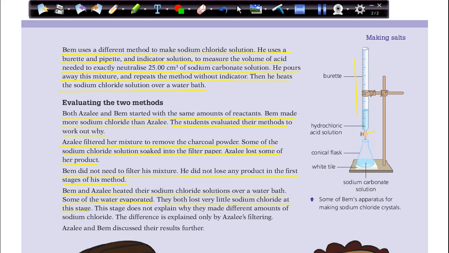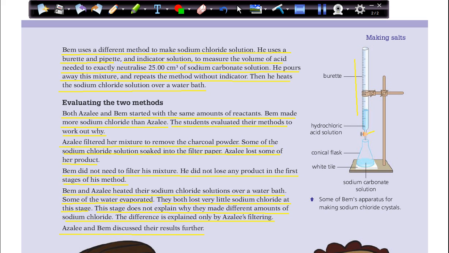So how does this happen? This stage does not explain why they made different amounts of sodium chloride. The difference is explained only by Azali's filtering. Azali and BIM discussed their results further.